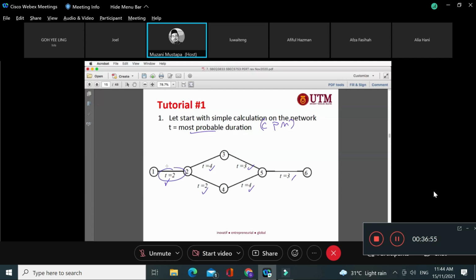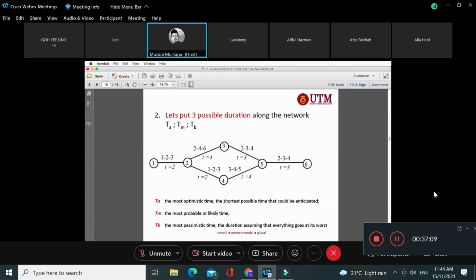So here there is one, and you have to create another 2. This is M, and we want to find TA and TB, right? So that's why in the next slide you can see we put 3 possible durations, which are TA, TM and TB. So 1, 2 and 3.